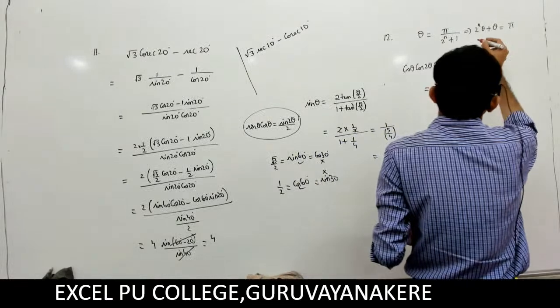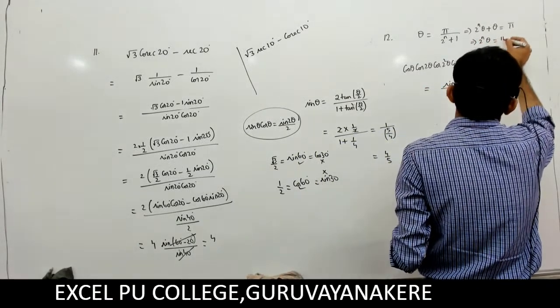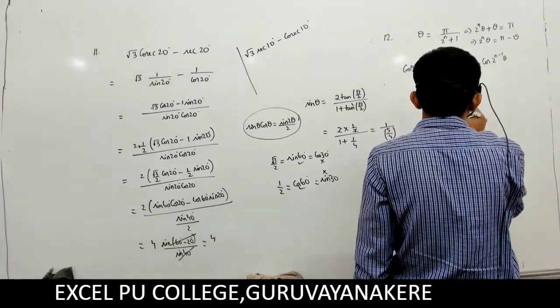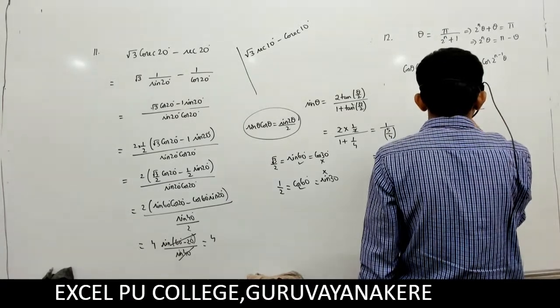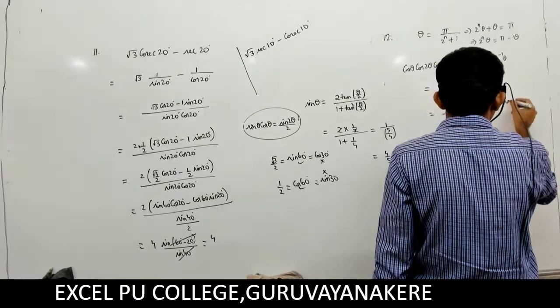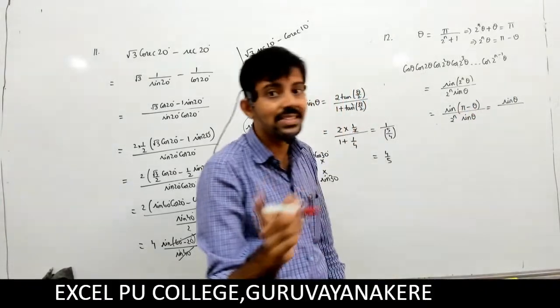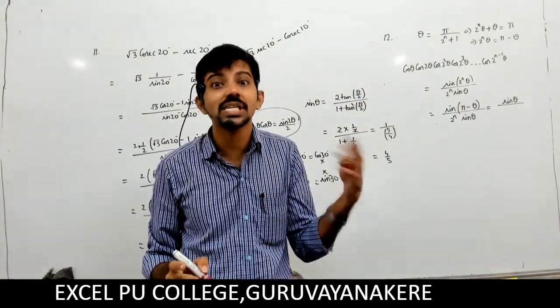So 2 power n theta is equal to pi minus theta. Sine of 2 power n theta is sine of pi minus theta, divided by 2 power n into sine theta. What is sine of pi minus theta? Sine theta. Pi minus theta means 180 minus theta, which is a second quadrant angle. In the second quadrant, sine is positive.